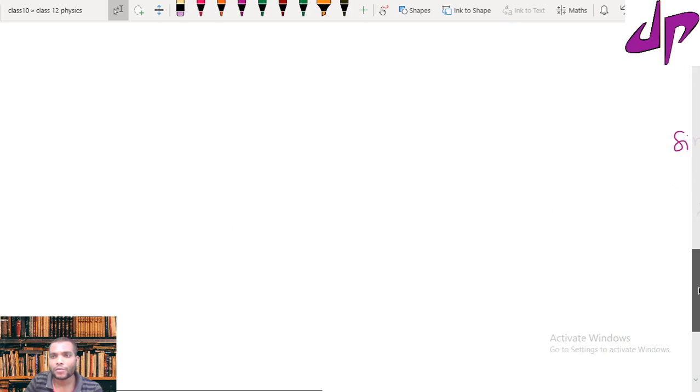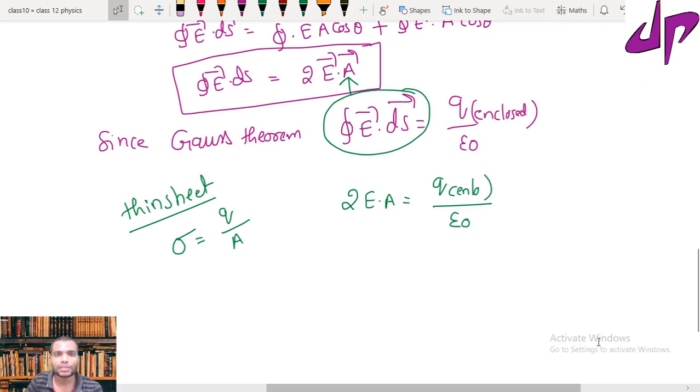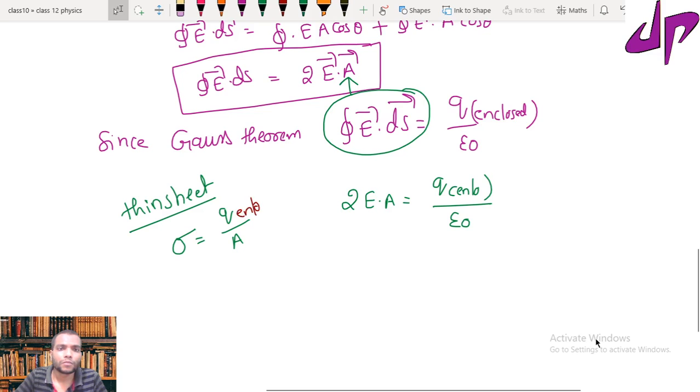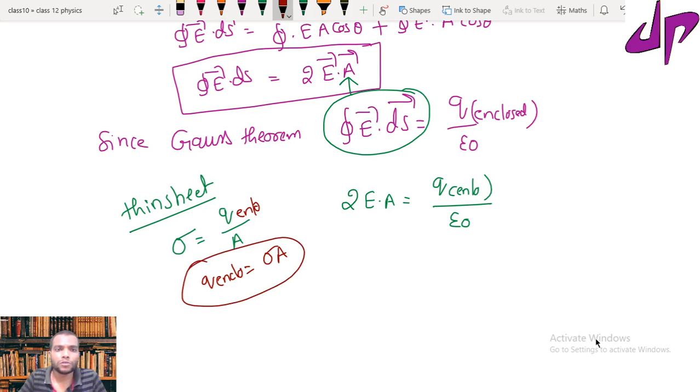So how much is the charge enclosed? The enclosed charge, Q enclosed, equals sigma times A. Now you can substitute the Q enclosed value here.